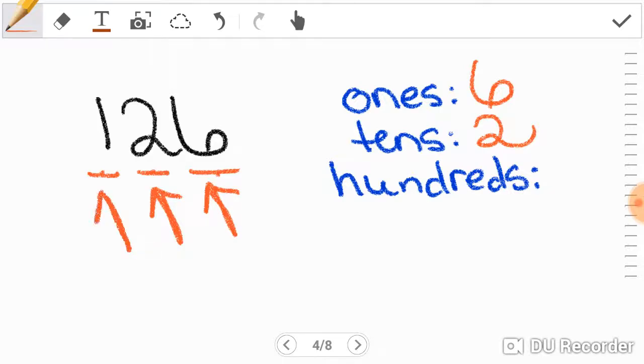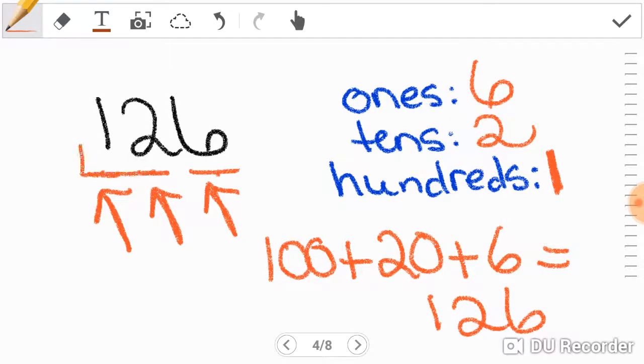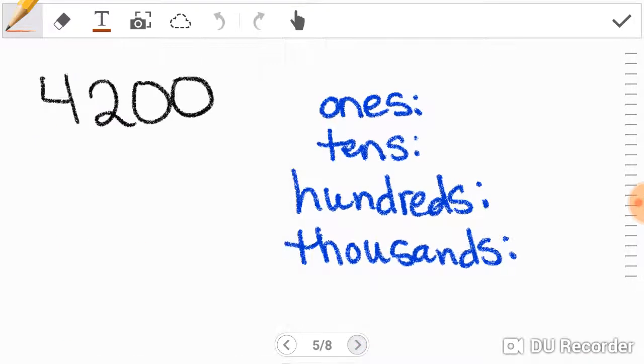In our hundreds position, we have a 1. So now if we look at it, if we have 100 plus 2 tens, which is 20, and plus a 6, yes, that is correct. That would give us 126.